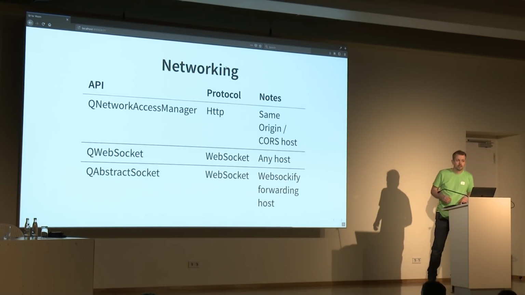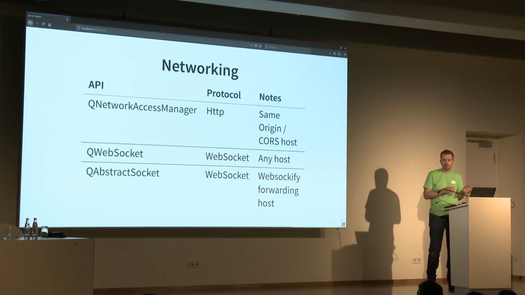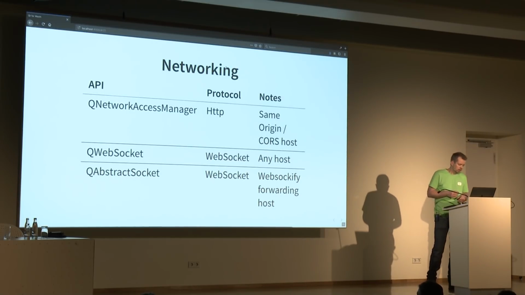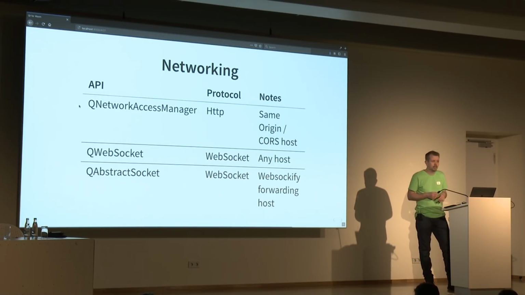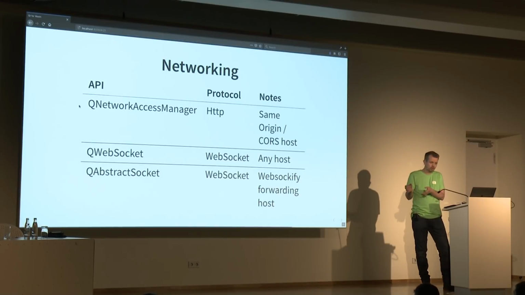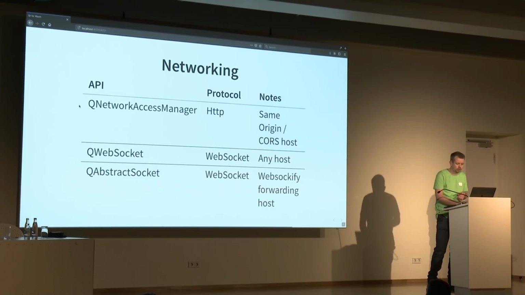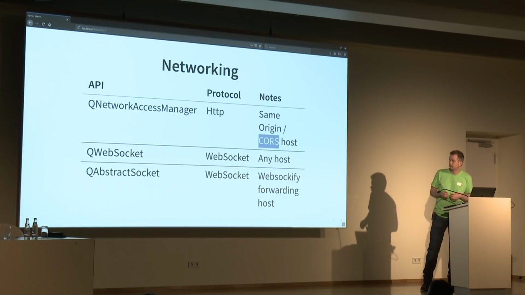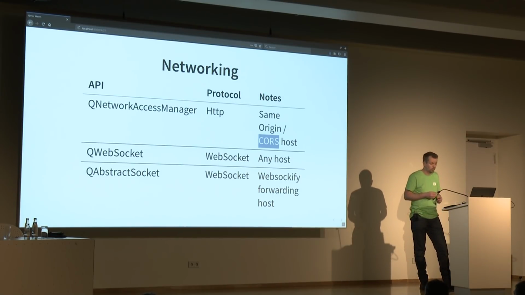Networking is also sandboxed, but it is possible. We have been looking at three different options. One of them is to make HTTP requests, which you can do. Those are allowed by the sandbox, either back to the origin host, the host where that application was served from, or to a host that supports cross-origin resource sharing.